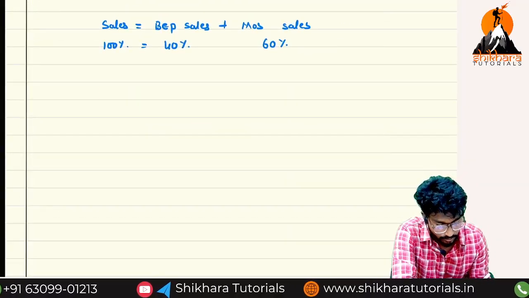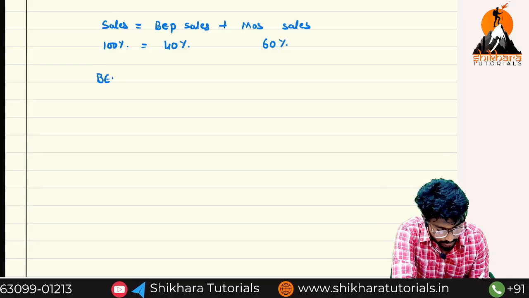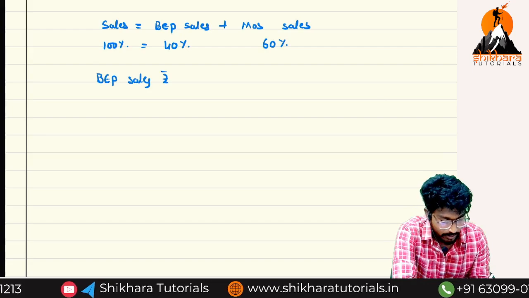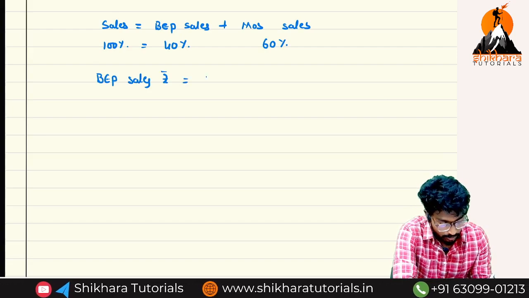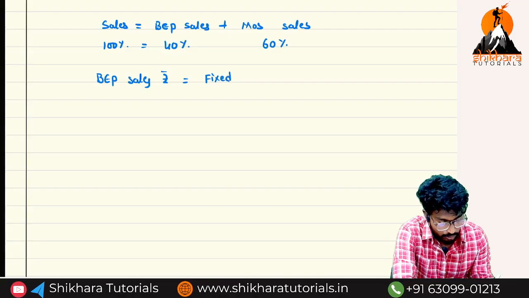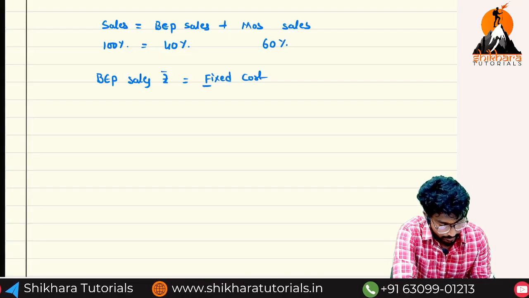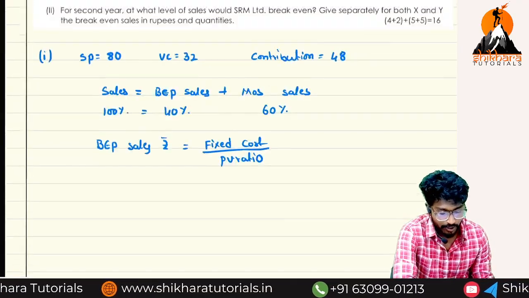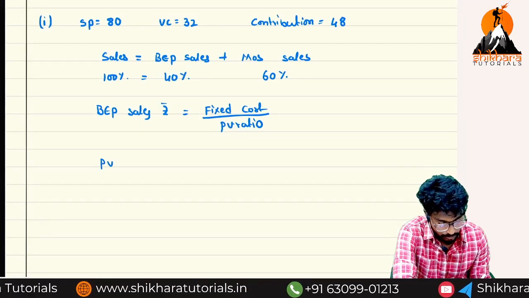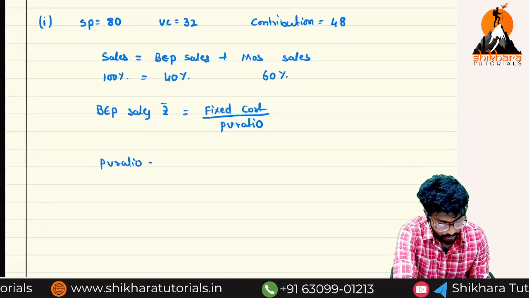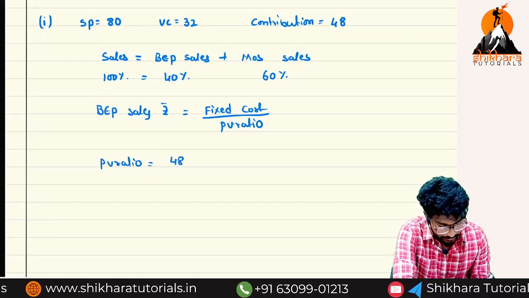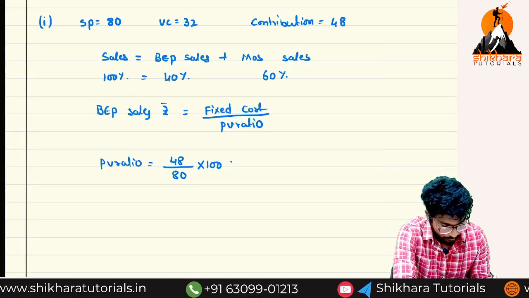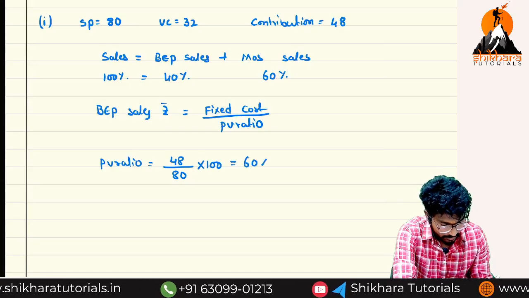Now BEP sales in rupees is equals to fixed cost divided by PV ratio. Now what is the PV ratio? PV ratio is equals to 48 divided by 80 into 100. 60%.